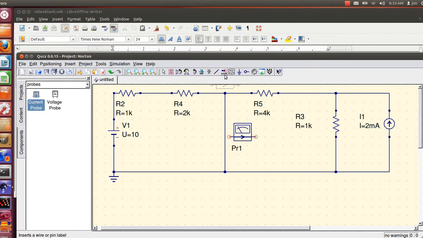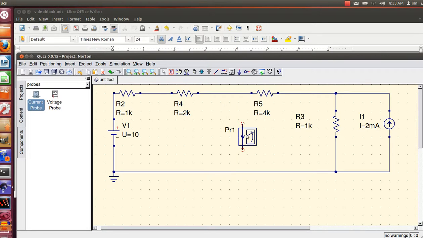And let's rotate it. We'll rotate it through there.